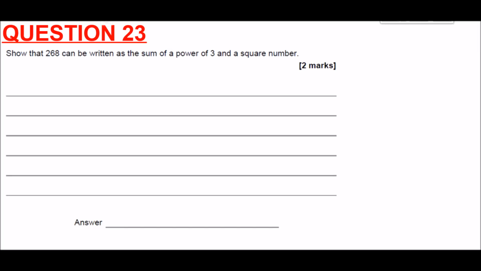Question 23. We have to show that 268 can be written as the sum of a power of 3 and a square number. Sum just means added together. So it's worth just writing down to remind us what sum actually means.